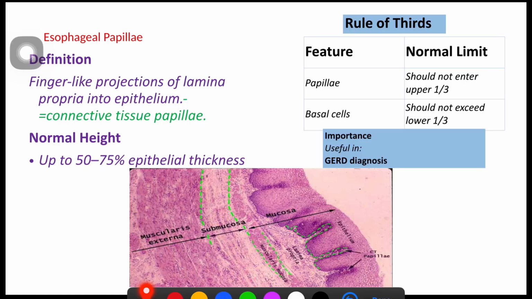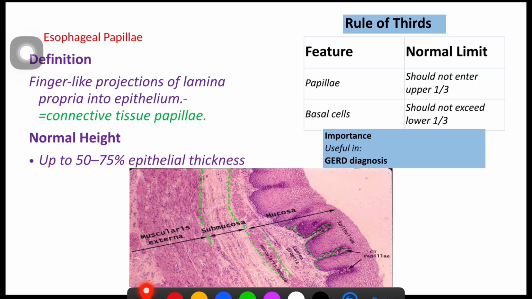Now, esophageal papillae. Papillae are nothing but finger-like projections of the lamina propria into the epithelium. So, this is the lamina propria having a projection into the mucosa, and the important point is that this papilla has a height of up to 50 to 75% only.